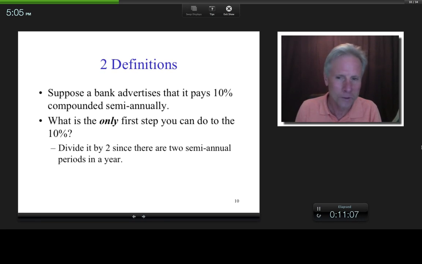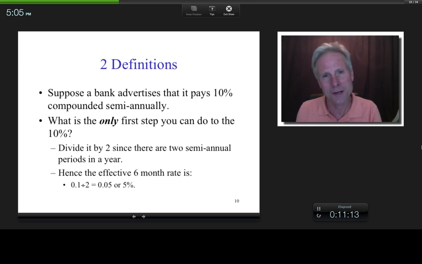Now, once you've divided the 10% by 2, by definition, you have an effective 6-month rate. Now I have 5%, and that is my effective 6-month rate.